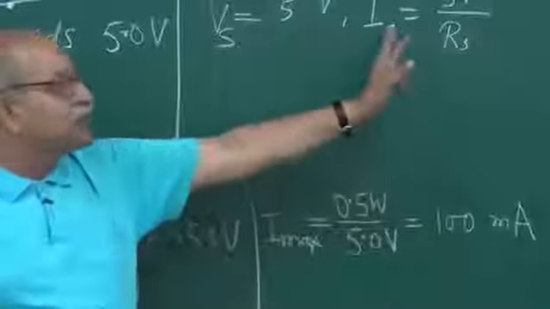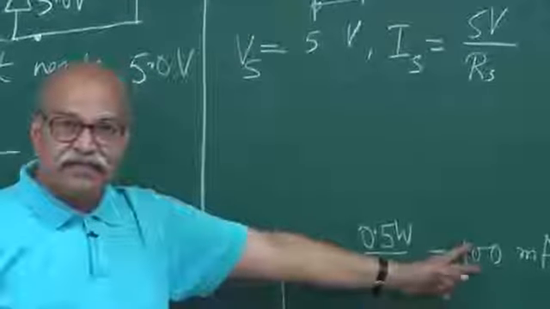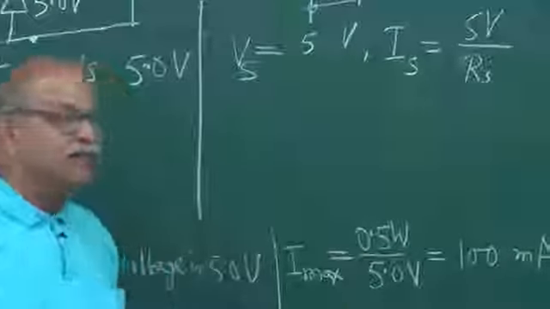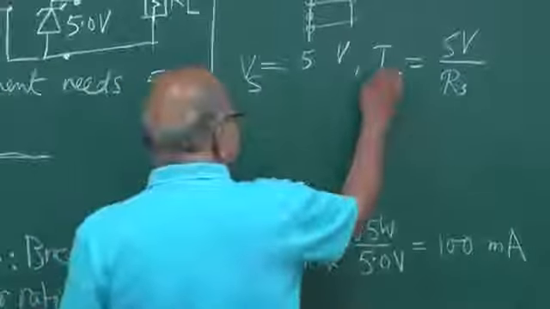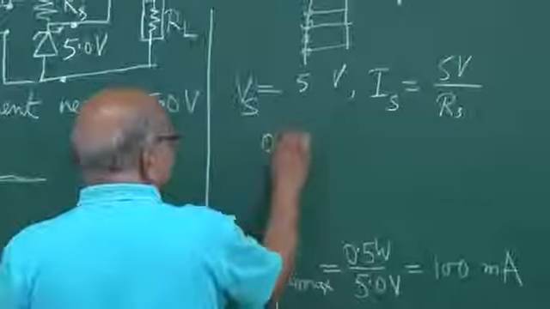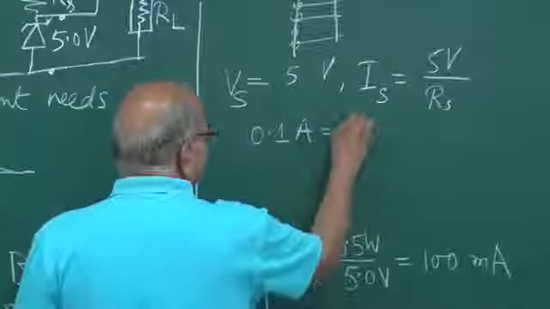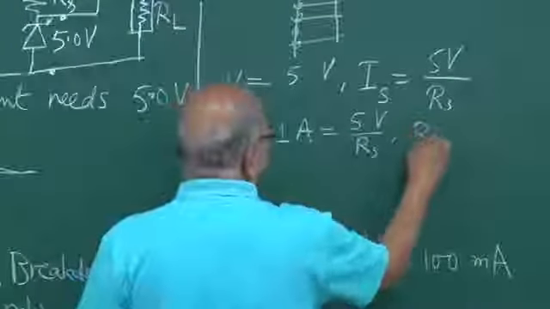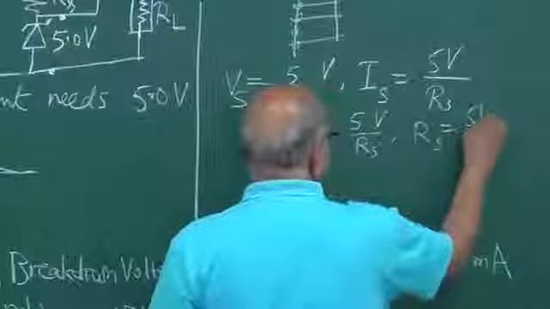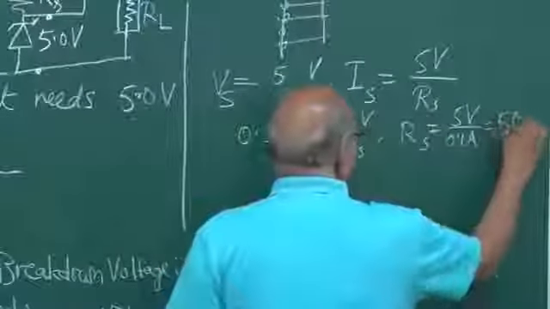So what should be this RS, so that I ensure the current in the Zener is 100 milliampere or less? If I take this as 0.1 ampere, then this is 5 volt divided by RS, and RS will be equal to 5 volt divided by 0.1 ampere, and that is 50 ohms.